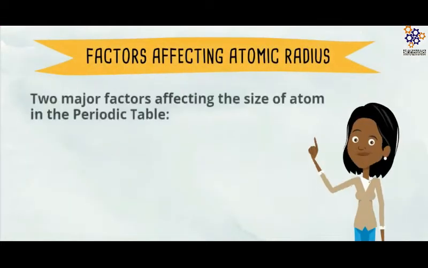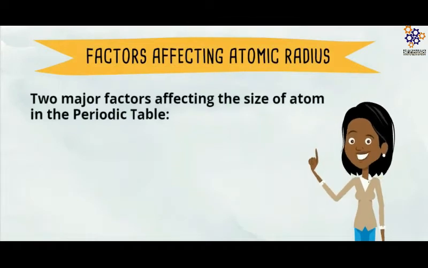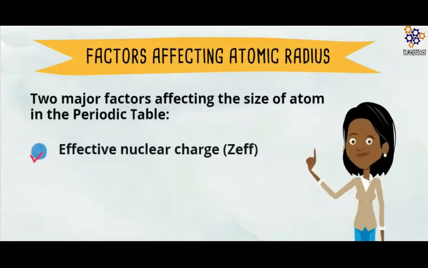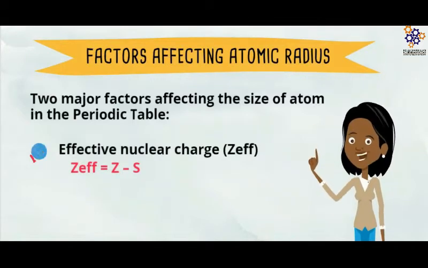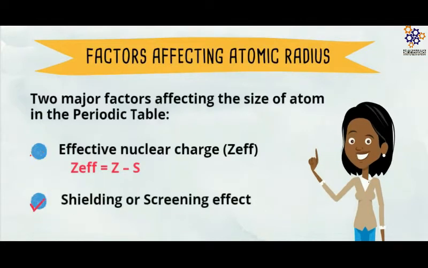Factors affecting atomic radius: there are two major factors affecting the size of an atom in the periodic table, effective nuclear charge and shielding or screening effect.